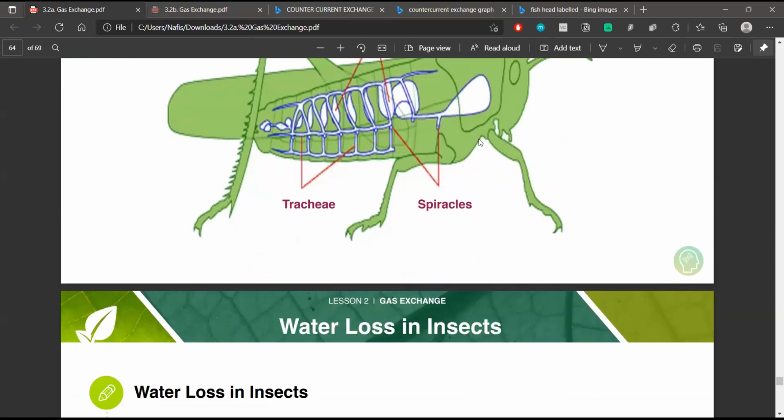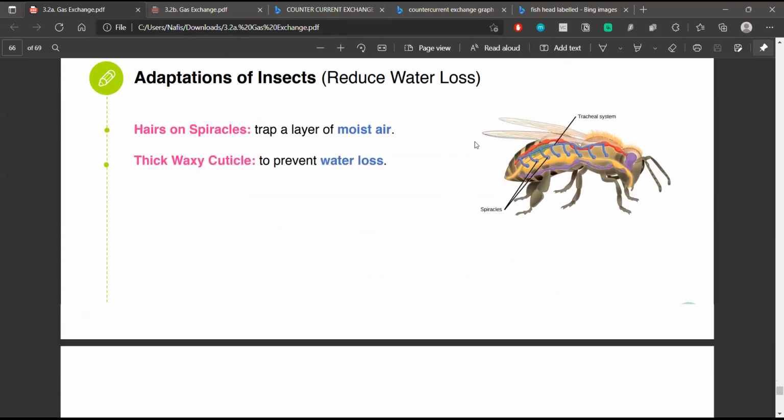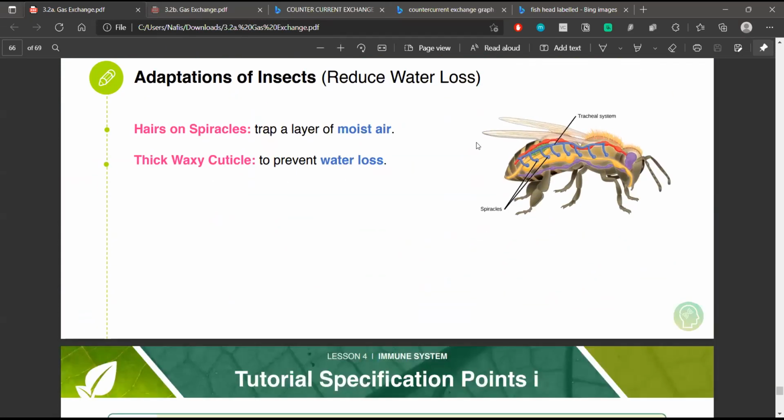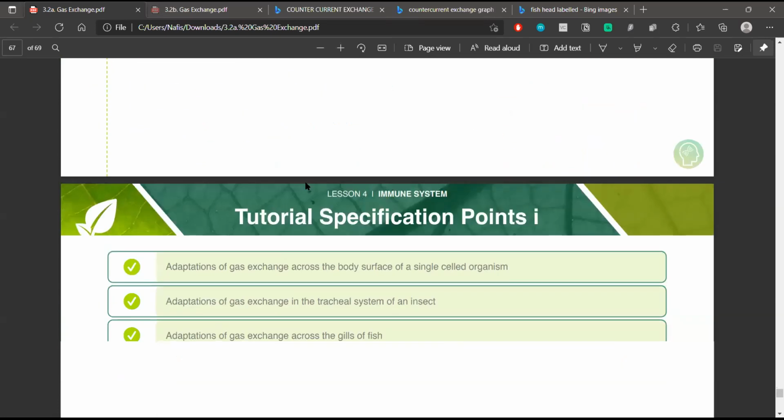But let's think. They've also got a thick exoskeleton, right? And that prevents water loss. They've got hairs on their spiracles, which help trap that layer of moist air. So similar to the way that sunken stomata work, the insects use hair to do that.